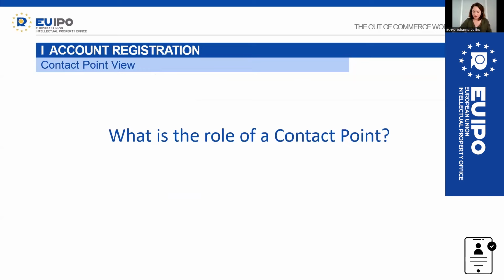So again, the contact point, I just want to emphasize, sometimes people have questions about that. From the point of view of a contact point, what is your job? Basically, you're receiving, for your member state, these applications for cultural heritage organizations to register in the portal for the first time.